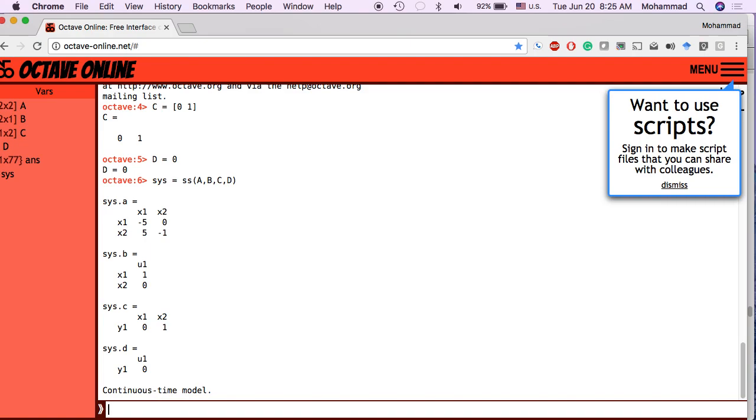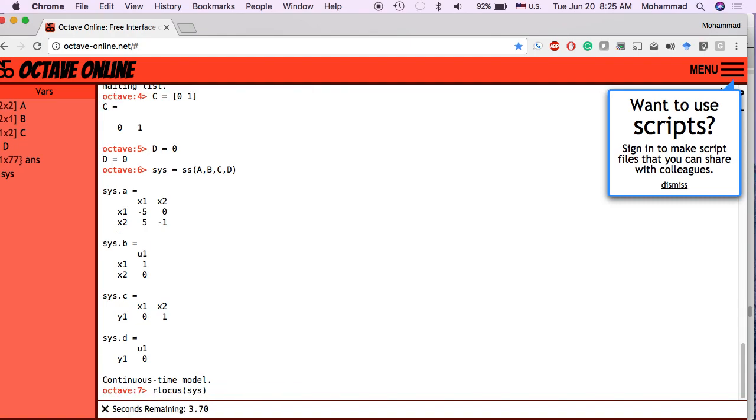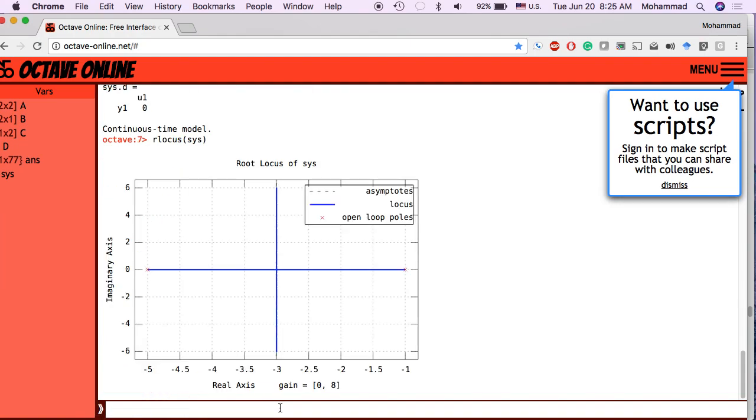So it says, okay, I understand this is your system. Then what you should be able to do is to type rlocus of this system. So you're giving MATLAB the open loop system, and it is going to construct a feedback system with the output feedback only, and draw the root locus.